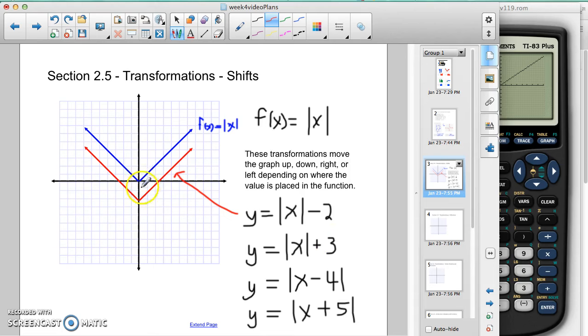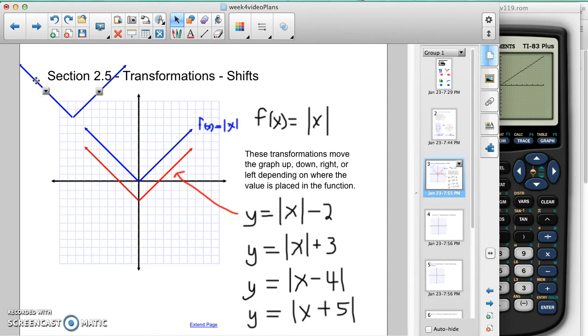So it would take this whole graph, this blue graph, and add 3 units to every y value. It would move it up 3 units on the graph. So it would take the graph here and move the graph three units up from 0, 0.